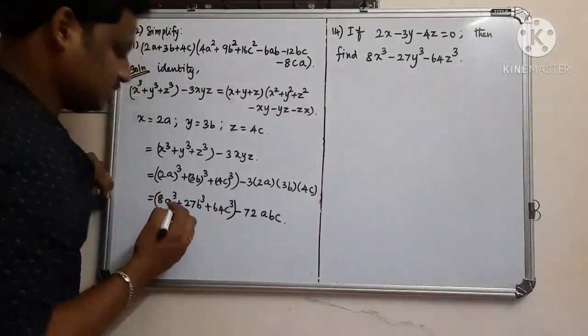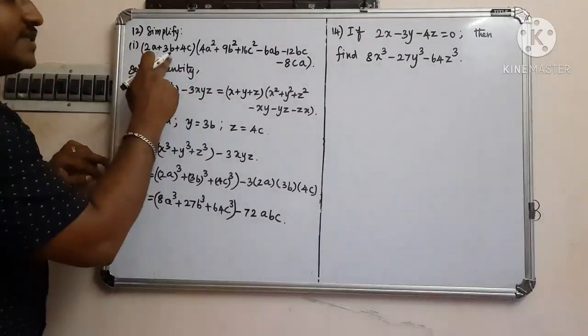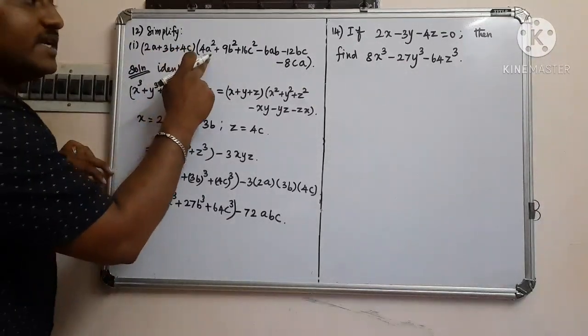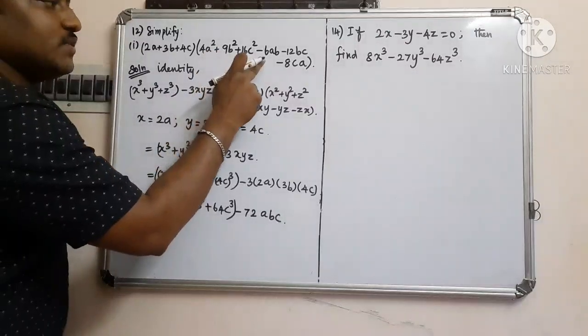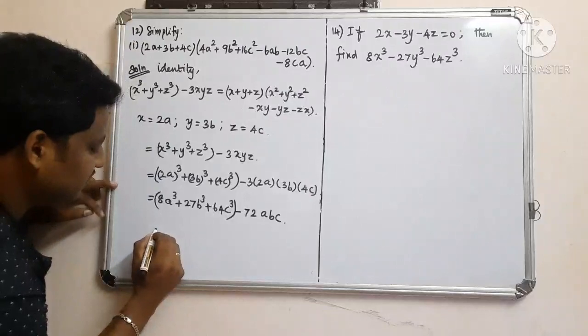So this is the value of 2a plus 3b plus 4c into 4a square plus 9b square plus 16c square minus 6ab minus 12bc minus 8ca.